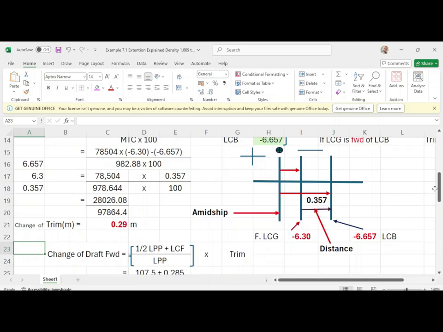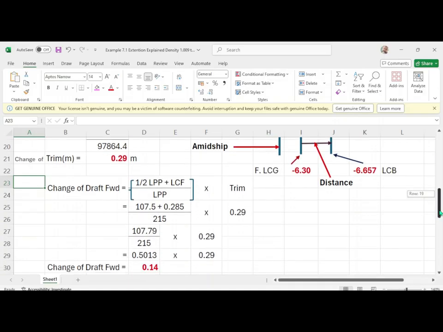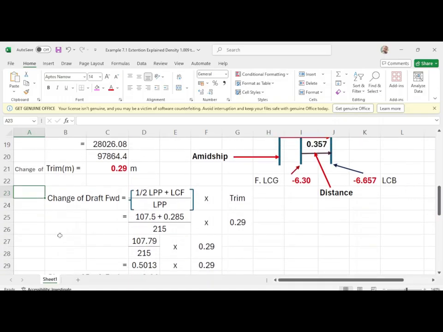Once you have your change of trim, then you will get the change of drop forward.